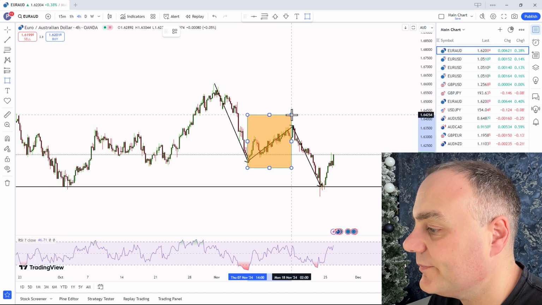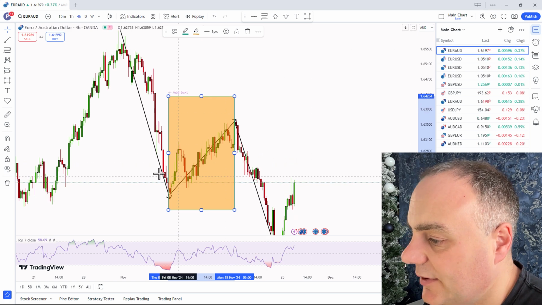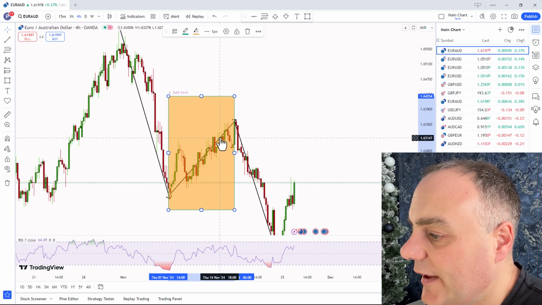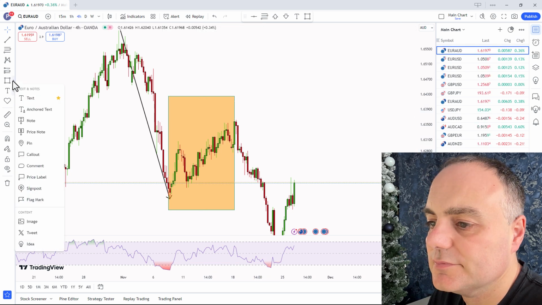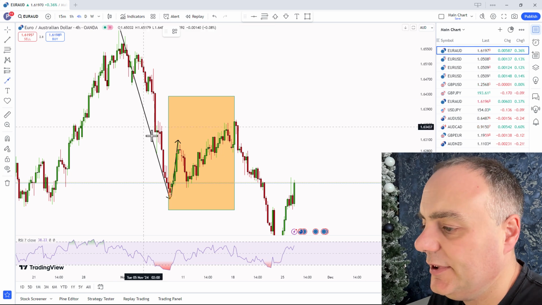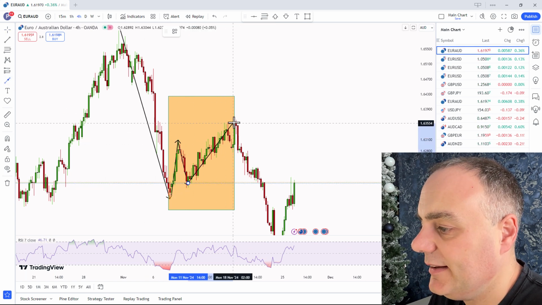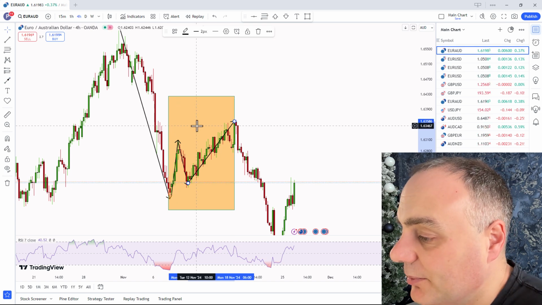Something to look out for and be cautious of here. If we zoom in on it, if we remove that arrow there and put another arrow, what we had was a move and a zigzag choppy movement again there. What we know is a complex pullback.